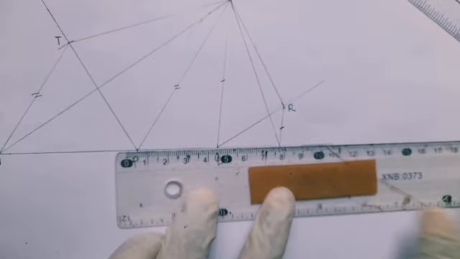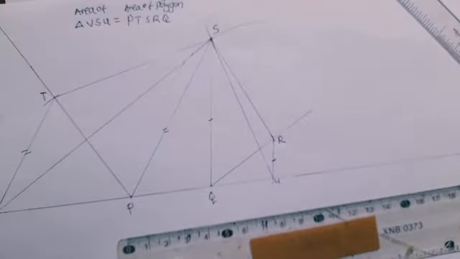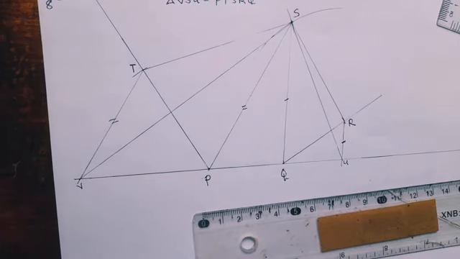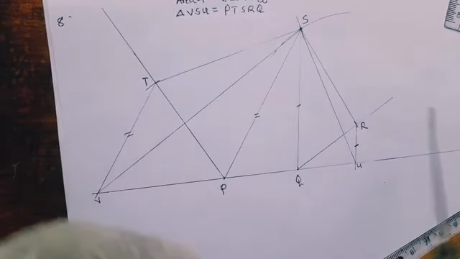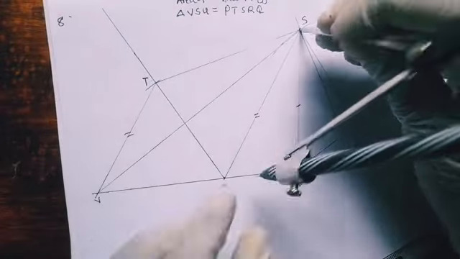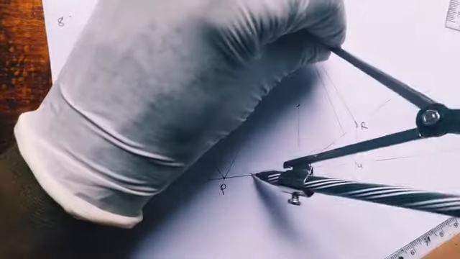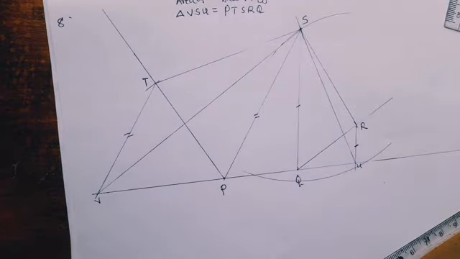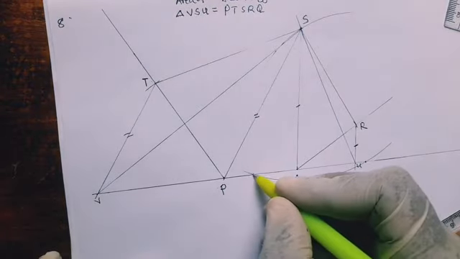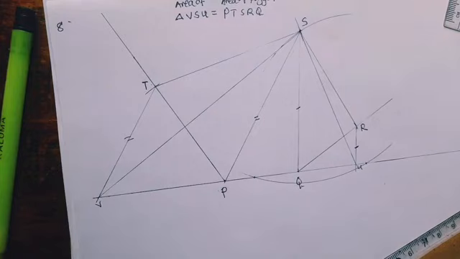So let's extend this line. We want now to convert our triangle into a rectangle. So we first of all drop a perpendicular from S to the base. This is how we drop it.